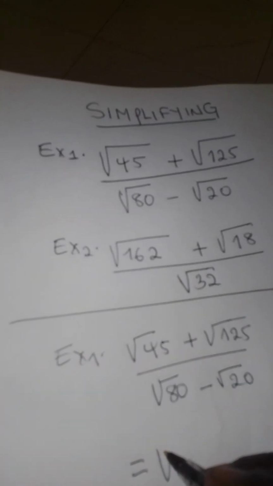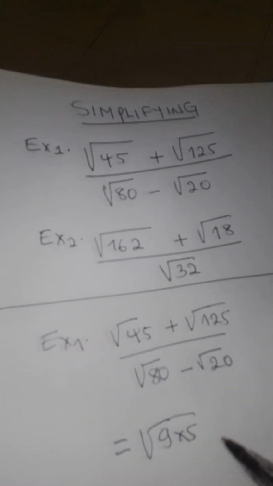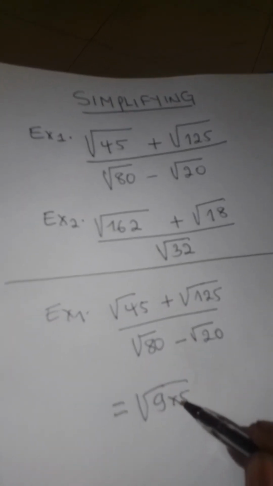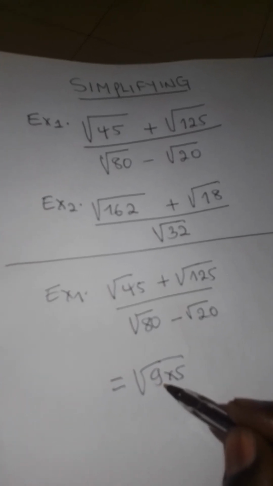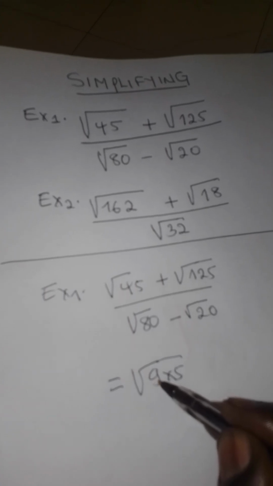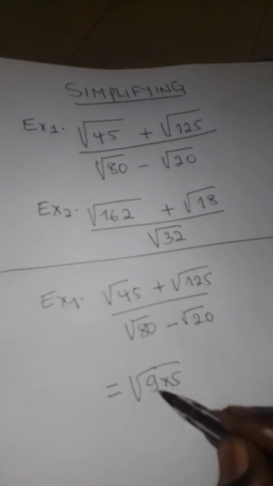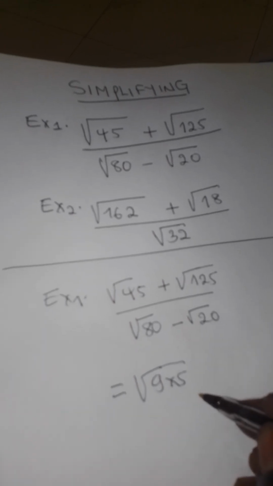Here we write 9 times 5. Of these two numbers that we multiply to get 45, one has a square root. For example, this 9: square root of 9 is 3.